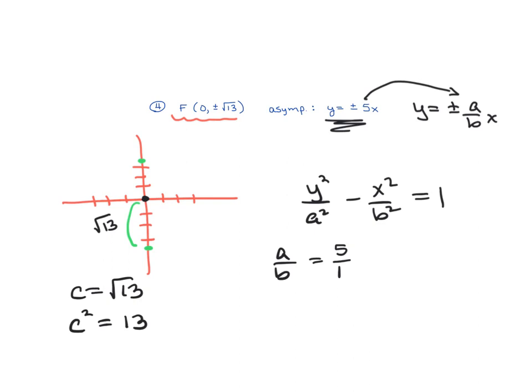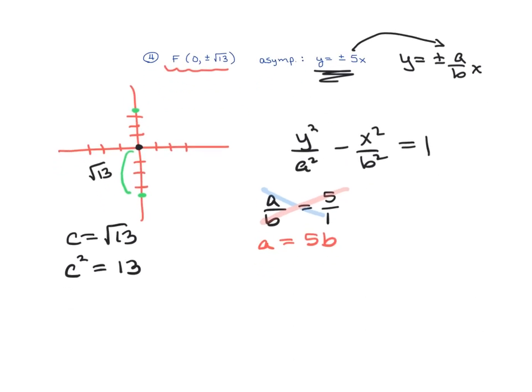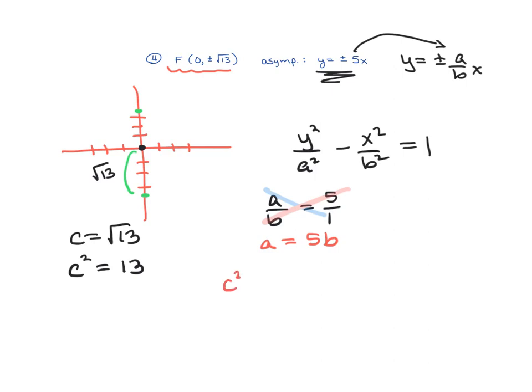Now, this time I don't know anything about a or b, so I'm going to have to work with this as an expression. I'm still going to solve this as a proportion. I'm going to multiply diagonally, and I get a equals 5b. So now what I'm going to do is take and work with my c squared equals a squared plus b squared. I know c squared, it's 13.